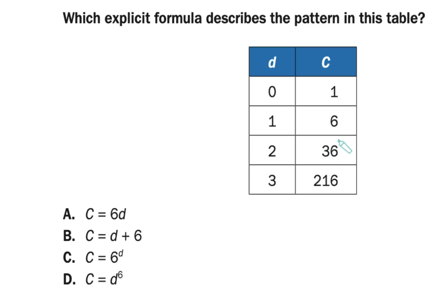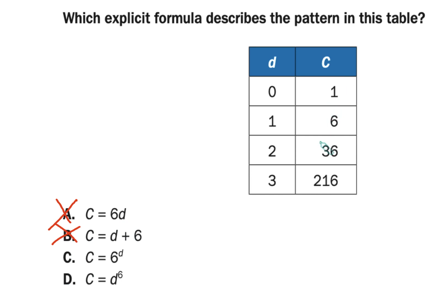And the difference between 36 and 6 is 30. So right away you know that this is not a linear function. Which means we can eliminate A because this is a linear function, no visible exponent. We can eliminate B, again, no visible exponent. So our answer is either C or D.